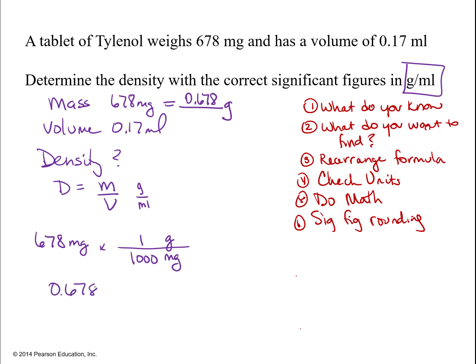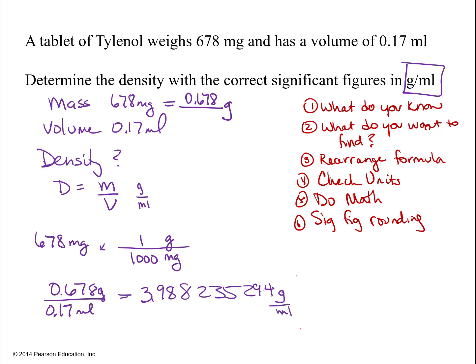So now I've got grams and I got mils, so now I just do the math. So 0.678 grams divided by 0.17 ml. 0.678 divided by 0.17. Oh, and I got 3.988235294 grams per mil.